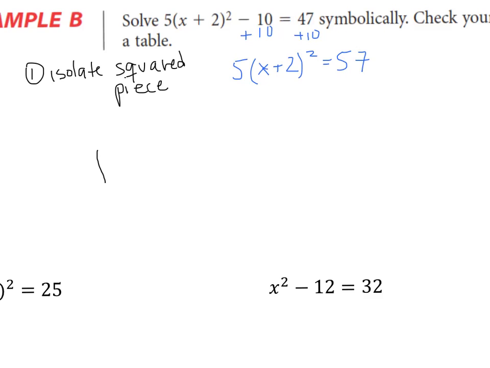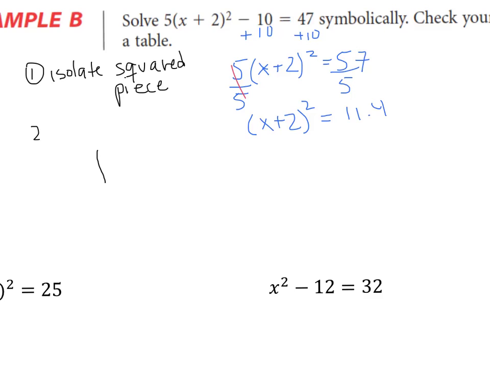I need to get rid of that 5 so I can divide to get those to cancel. Whatever I do to one, I have to do to the other. So now we have x plus 2 squared equals 57 divided by 5 is 11.4. Okay, so we've gotten step 1 done.